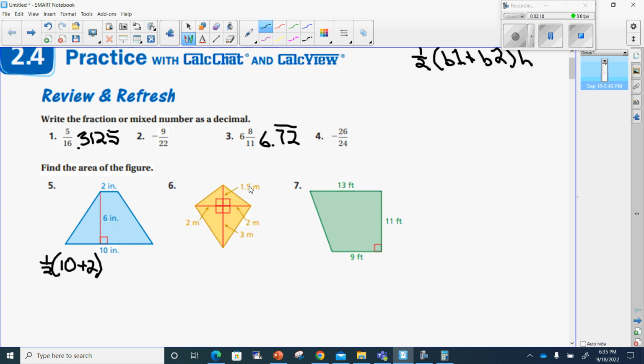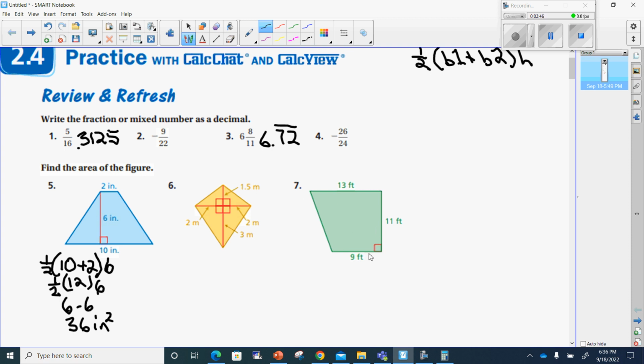And then times the height, and the height is 6. All right, let's work this. I got 10 plus 2 is 12. So now this is 12 times 1/2. 1/2 of 12 is 6. Now I have 6 times 6, that's 36. So my answer will be 36 inches squared.